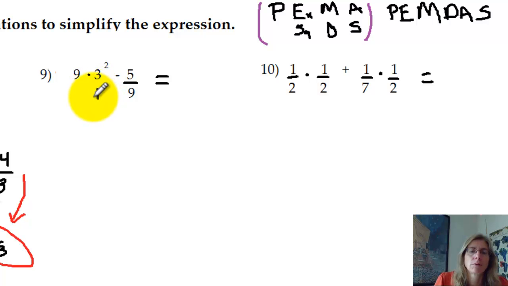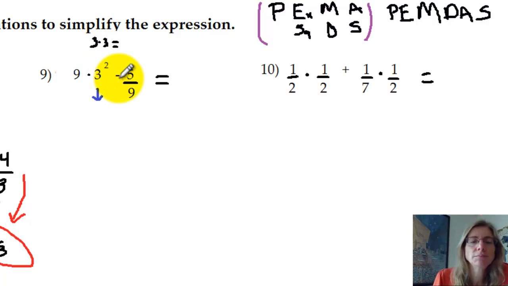So let's solve that. Remember that 3 squared is 3 times 3, because the exponent means multiply the number by itself twice. 3 times 3, and that's 9. So we have a 9 here. And we're starting our line 2.